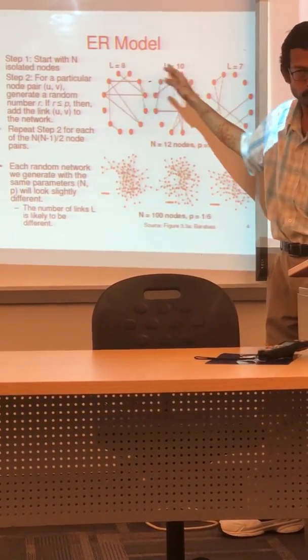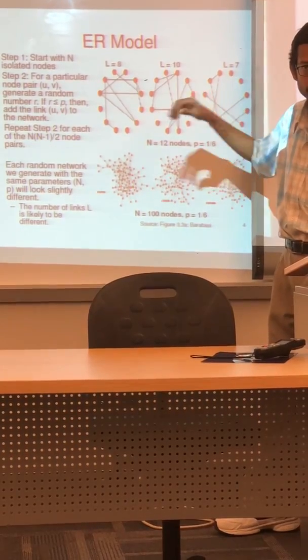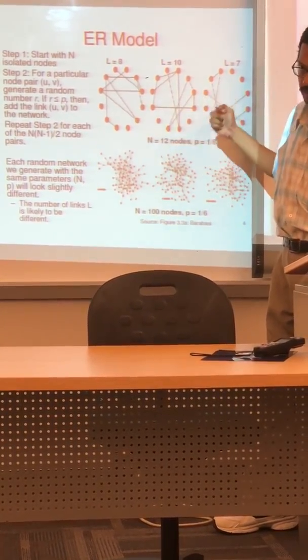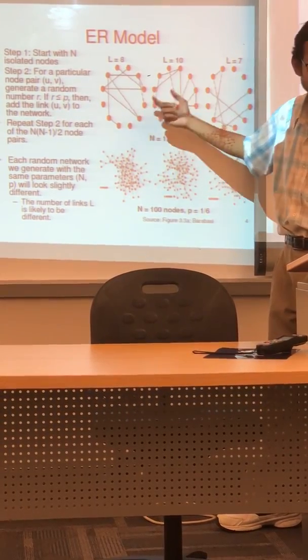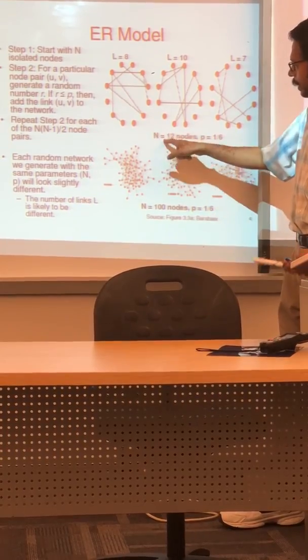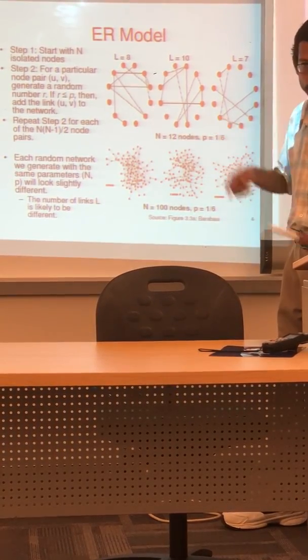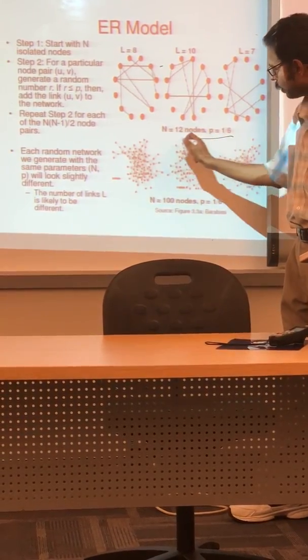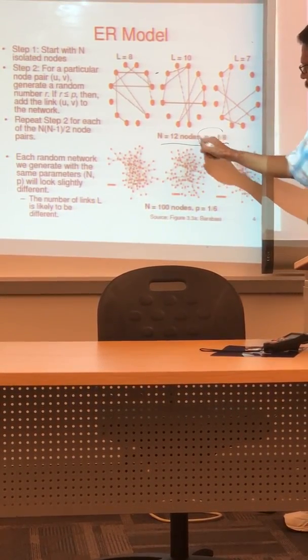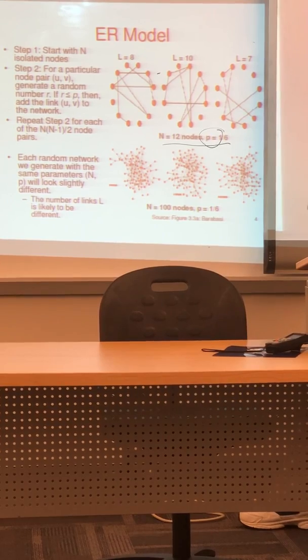The number of edges could vary in those instances. But all these are random networks with the same number of nodes and same p-value. Okay, it's given here, n is 12 nodes and p is 1 over 6. So that's the value, 12 nodes, and the probability for a link between any two nodes is 1 over 6.